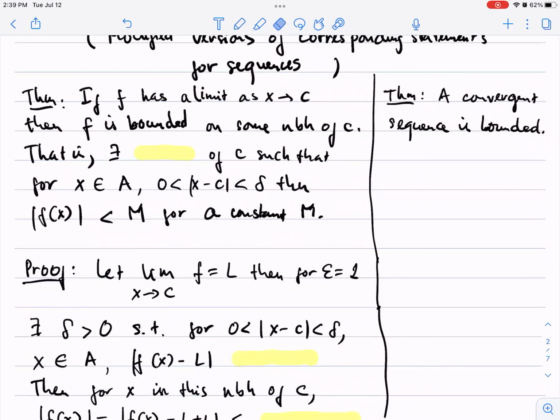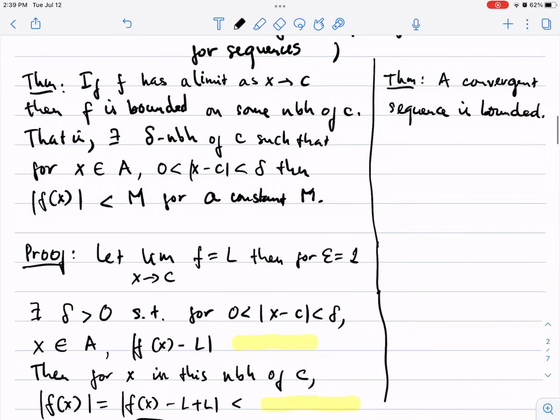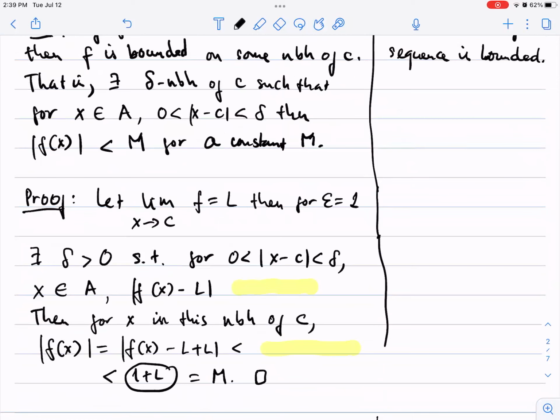That is, there exists a delta neighborhood of this point c such that for x with 0 smaller than the absolute value of x minus c smaller than delta, then |f(x)| is smaller than M for some constant M.